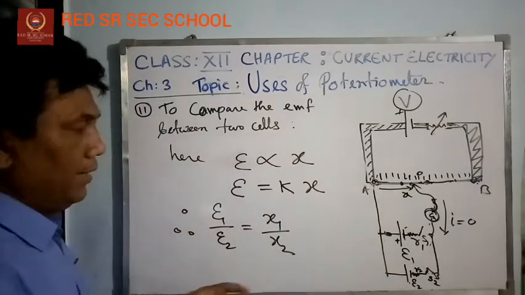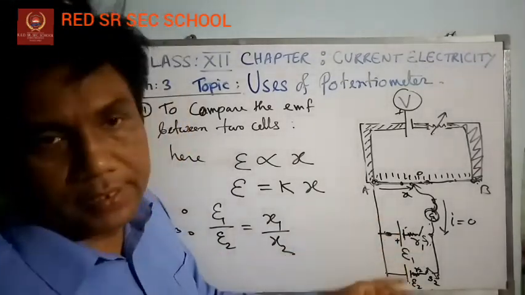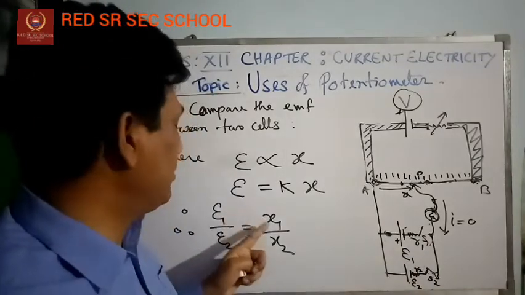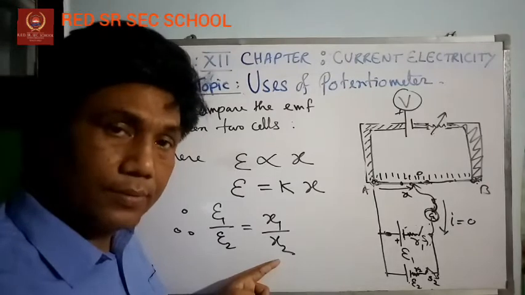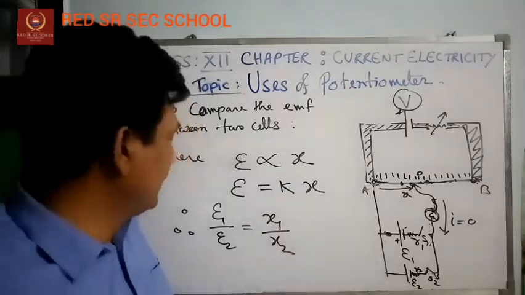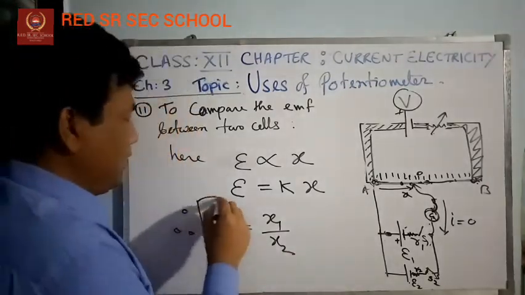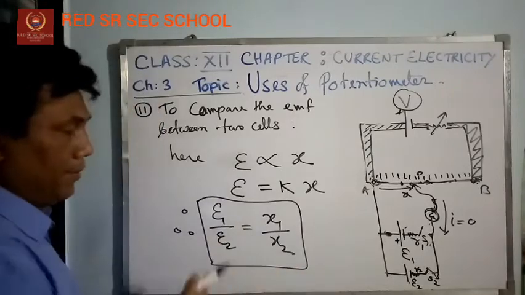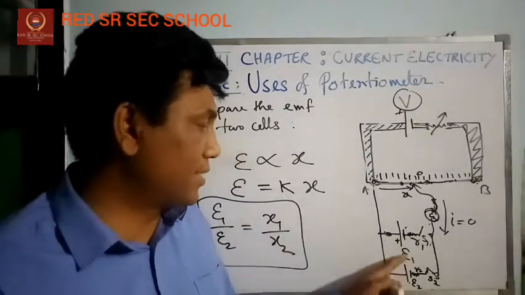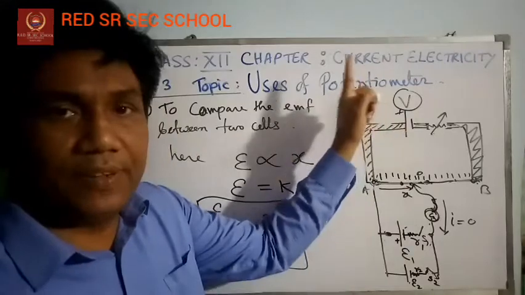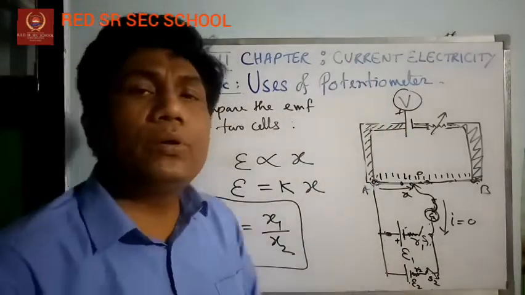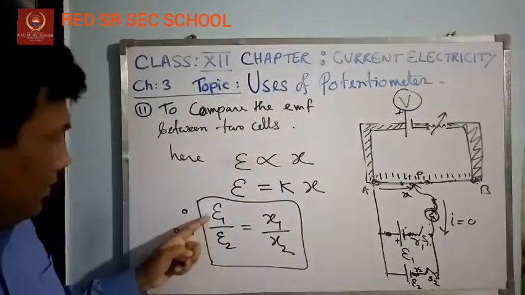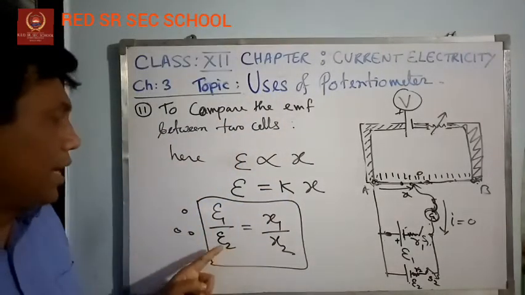Therefore, if you compare two cases, E1 and E2, more will be E1, more will be X1, more will be E2 and more will be X2, and vice versa. Are you getting? From this expression, you are actually comparing the EMF of these two cells, not the driving cell, that is a different issue. If you know the EMF of any one, you can calculate the other.